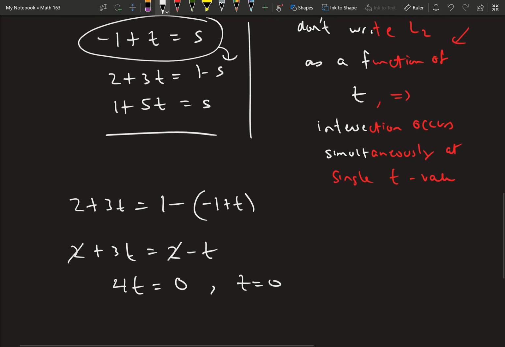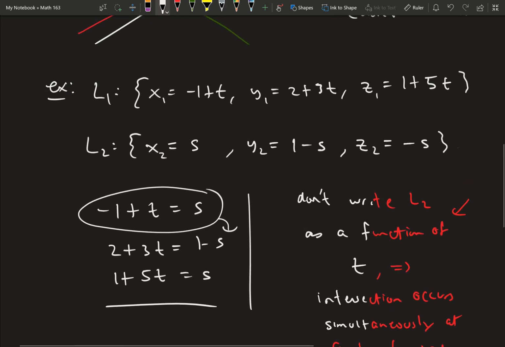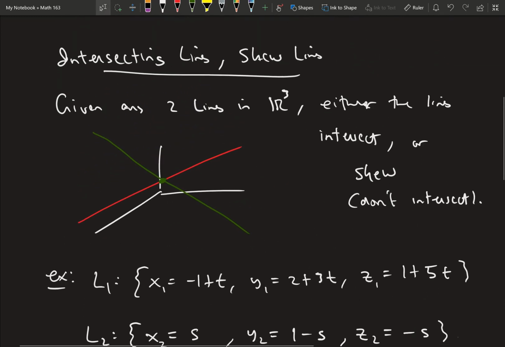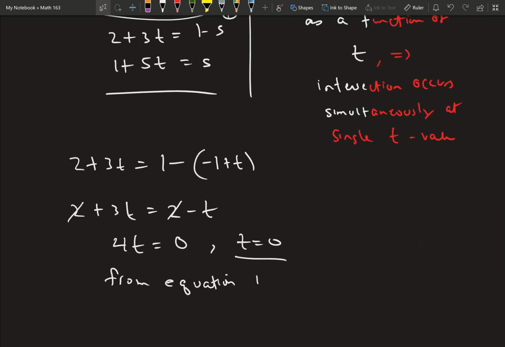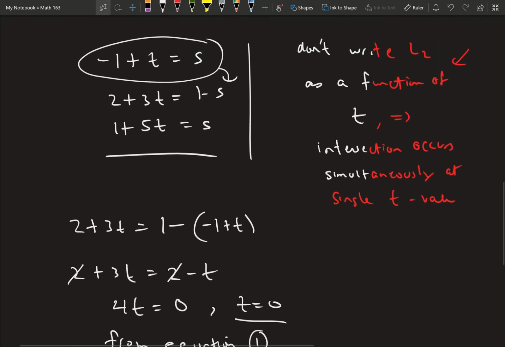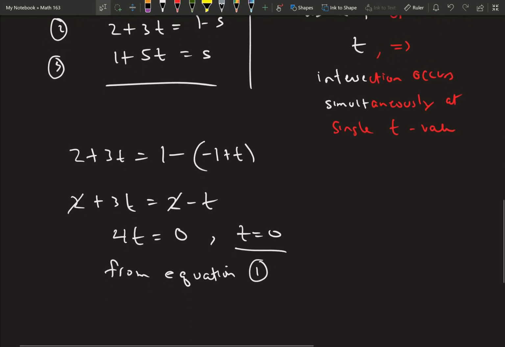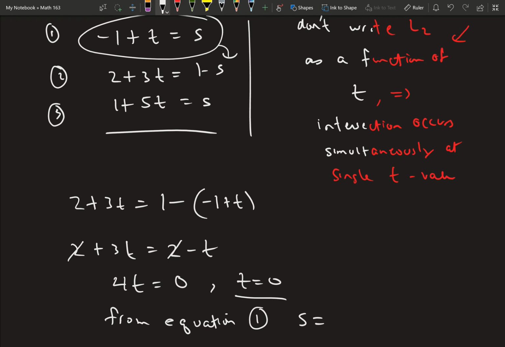Well, if t is 0, then from equation 1, let's label these as equation 1, equation 2, equation 3, we get s equals minus 1.